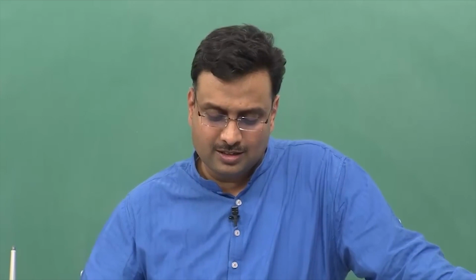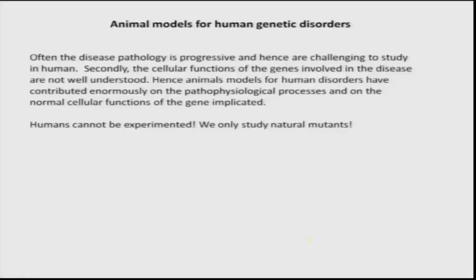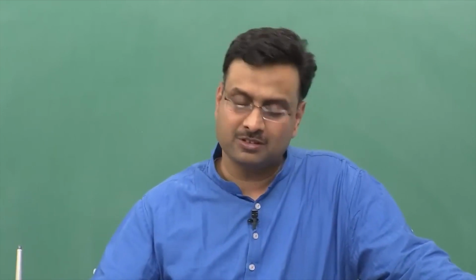So, here we use animal models for the human disorders, and studies using animal models have contributed enormously to understanding the pathophysiology, what goes wrong, and what is the function of the protein. With that we also try for some therapeutic attempts. Can we reverse the phenotype, right, and that can have medical implications in humans.